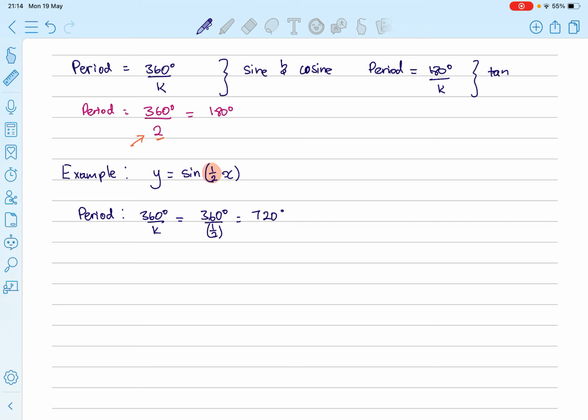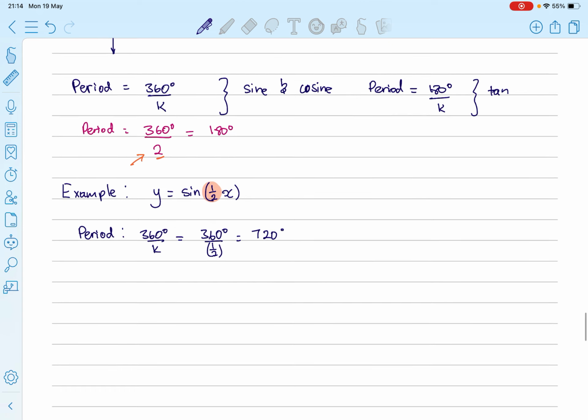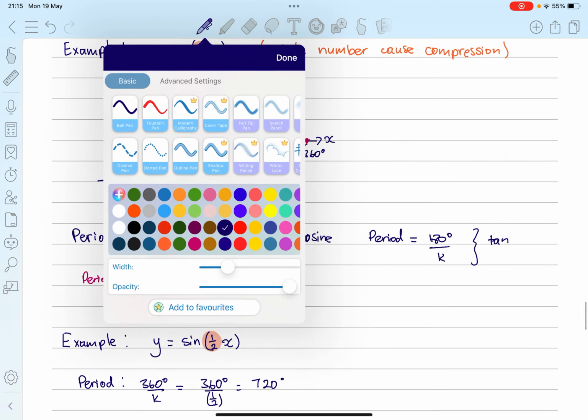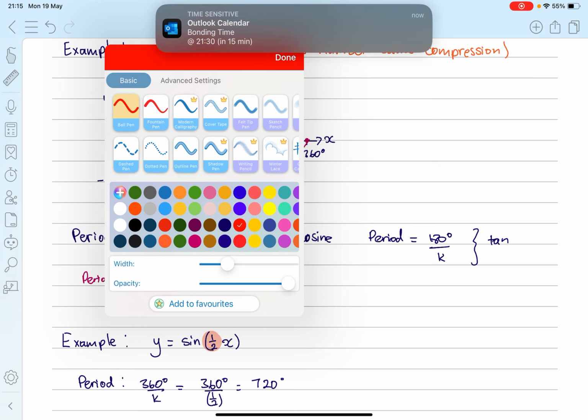So the new period is 720 degrees. So what we can see from this is that when k is a fraction, it causes like a horizontal stretch. So think of it as a spring, and you're pulling it, and those waves are now being stretched out. So let's write that.